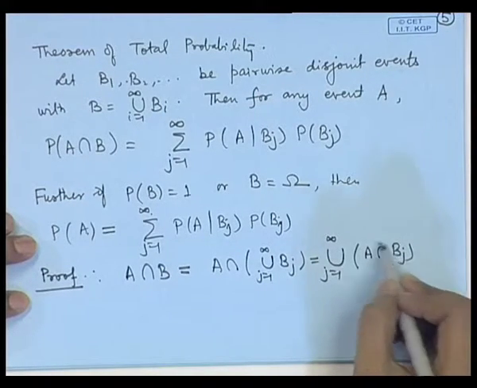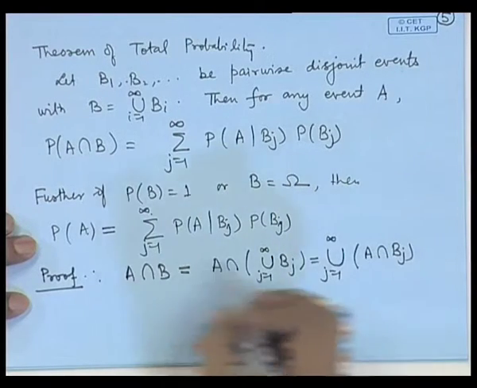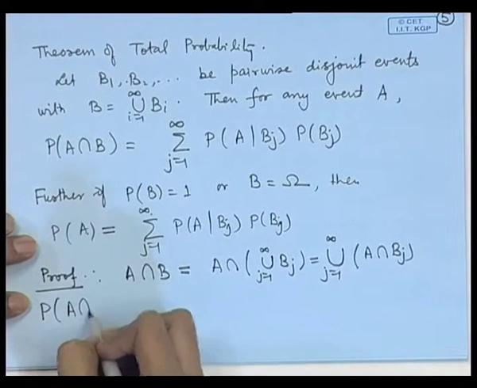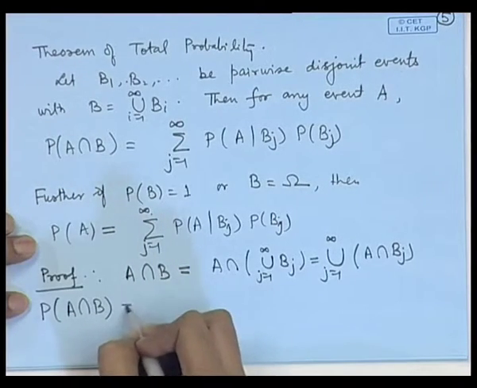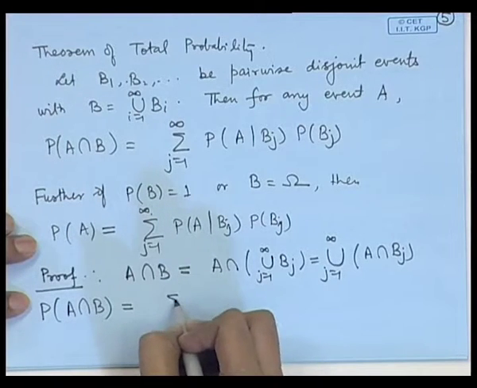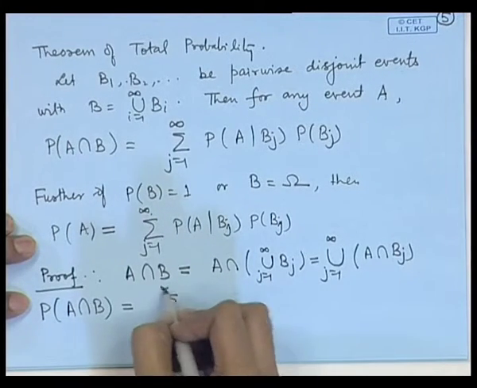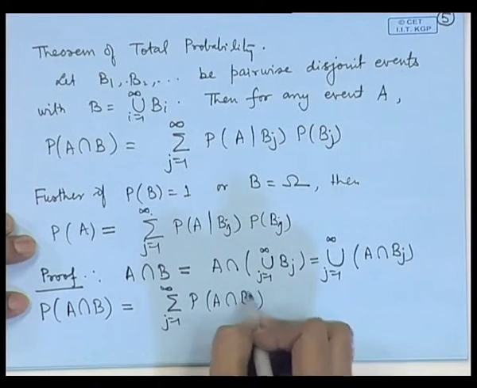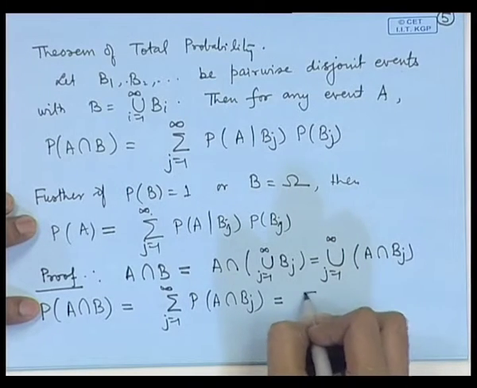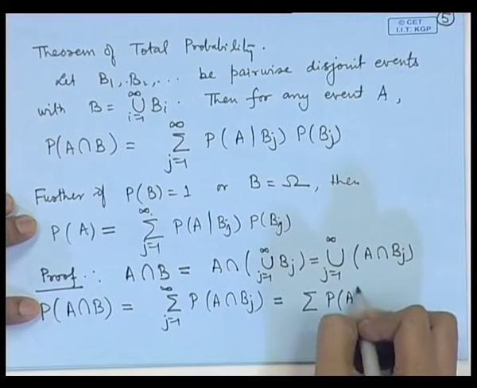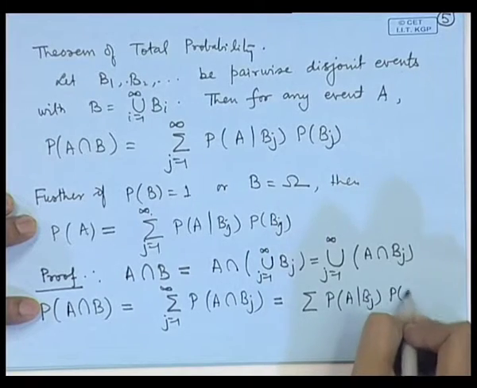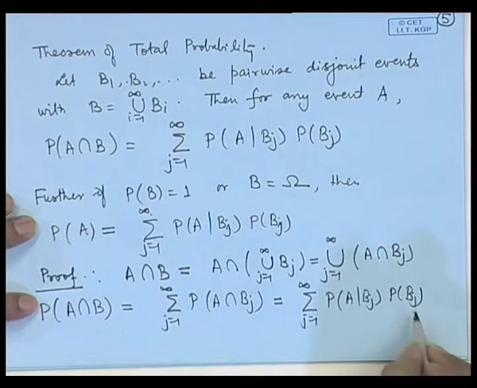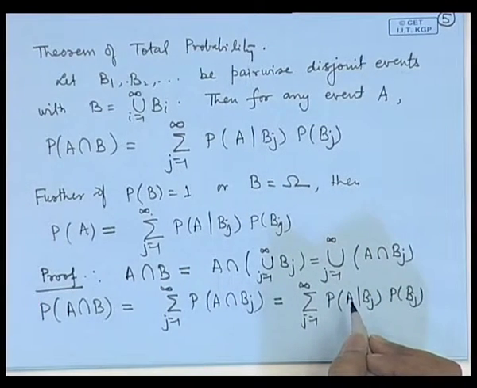Therefore, A intersection B_j's will also be pairwise disjoint, and therefore the countable additivity axiom of probability applies here, and you can write probability of A intersection B as summation of the probabilities of A intersection B_j. Now, by applying the multiplication rule on this simultaneous probability, this becomes probability of A given B_j into probability of B_j, which is actually the statement of the theorem of total probability.